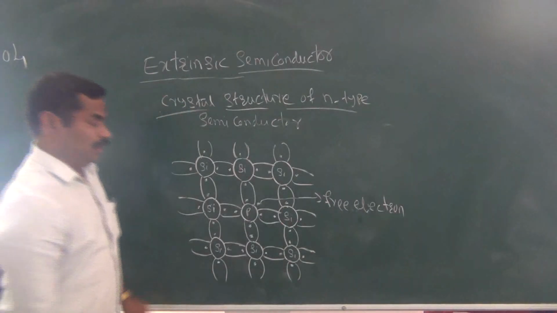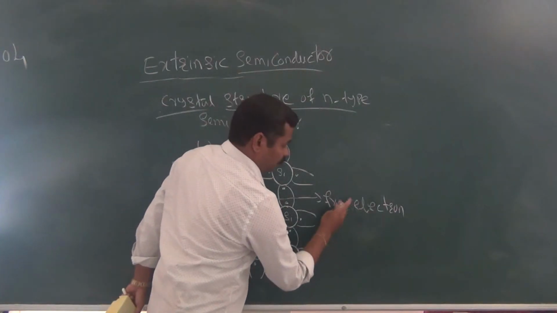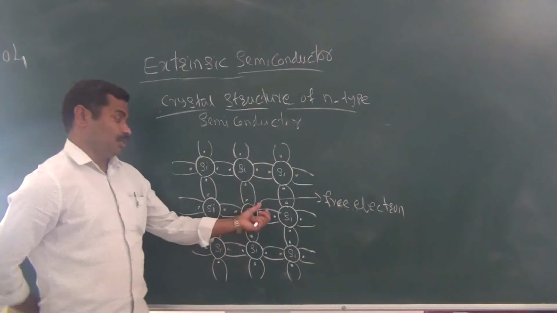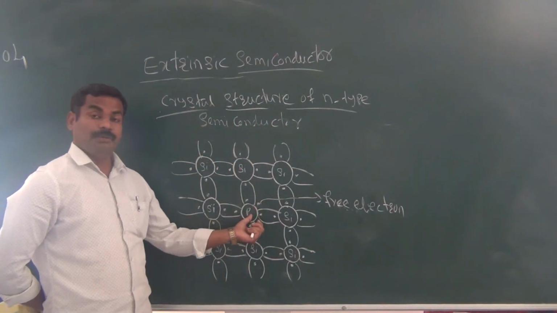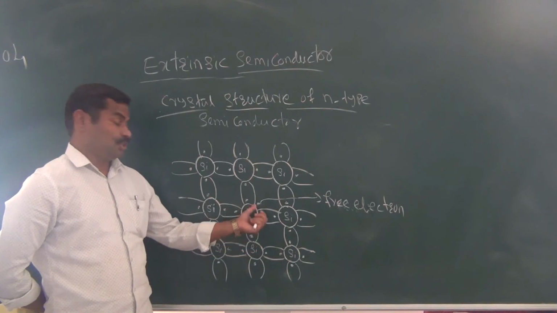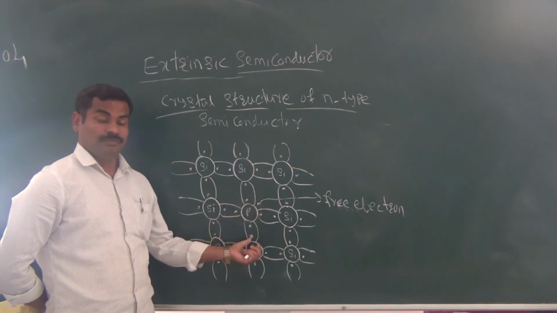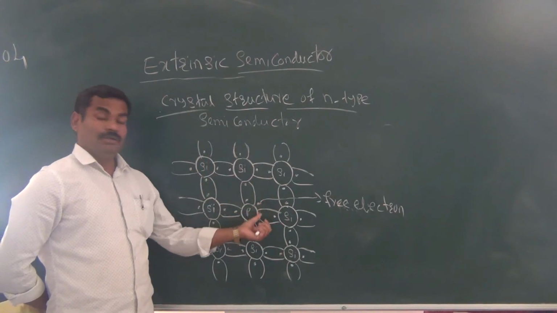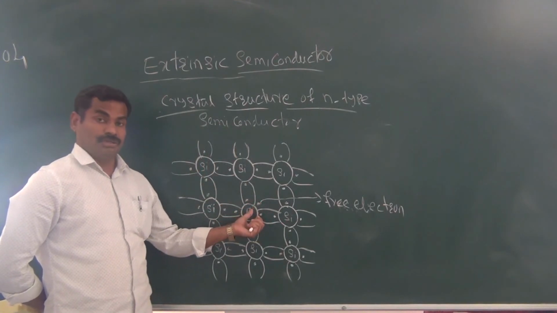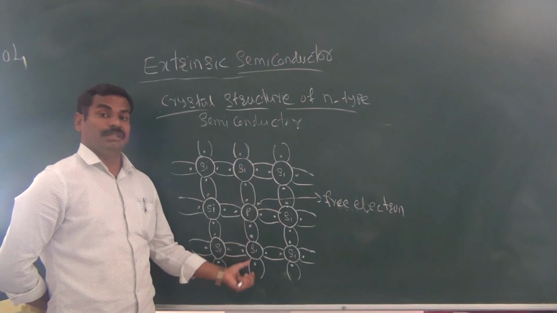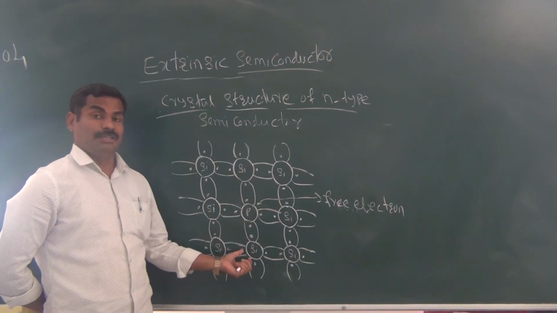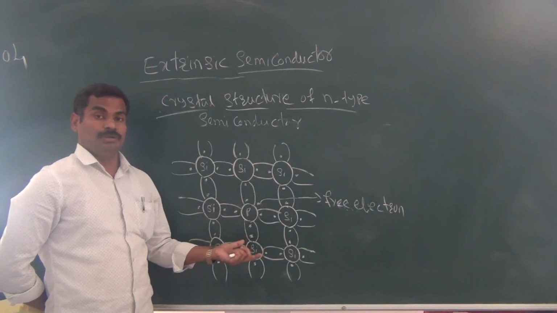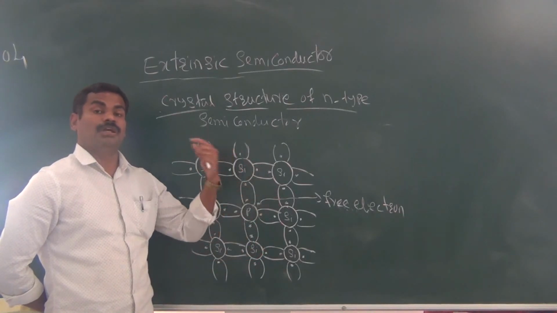Look here, why is it called a free electron? Because it is totally free from the covalent bond and it is not creating a hole. In an N-type semiconductor, the most important thing is that it creates electrons without creating holes. As you studied in the intrinsic semiconductor, whenever a covalent bond is broken, you get an electron and a hole in its place.